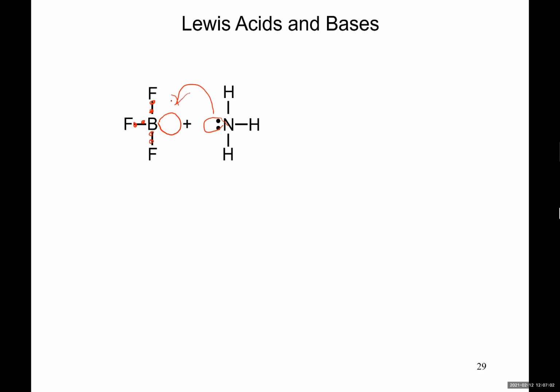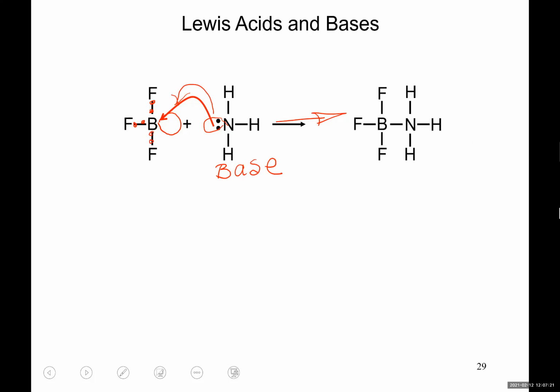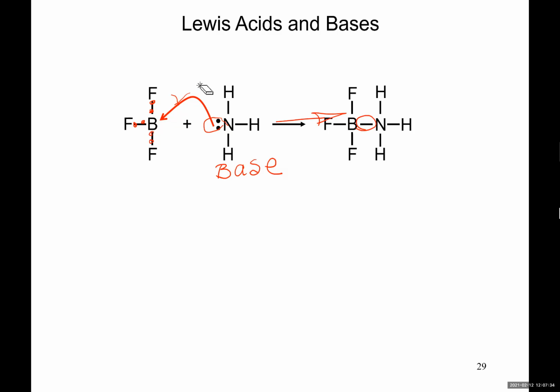So it's going to act as donor of electrons, which makes ammonia a base. Boron is acceptor of electrons. Once these electrons are filling the empty orbital on boron, you make a new bond between nitrogen and boron, which is the result of nitrogen donating electrons and boron accepting electrons. So we call this bond a coordinate bond.